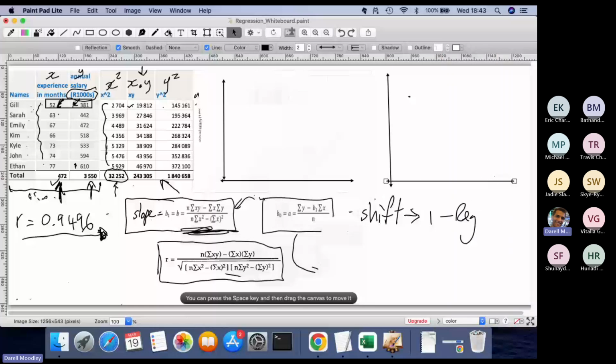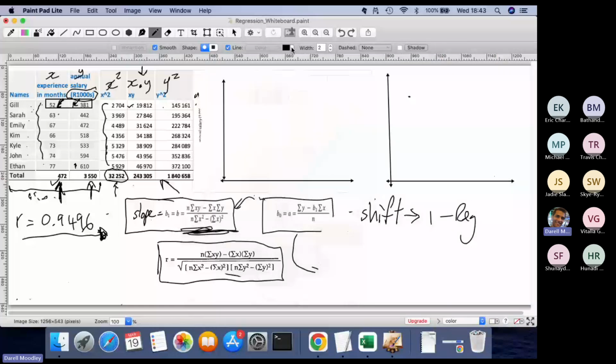For the graph on the left, we're doing the same thing: we've got salary on the y-axis and experience on the x-axis, and we're trying to see the effect of experience on salary.